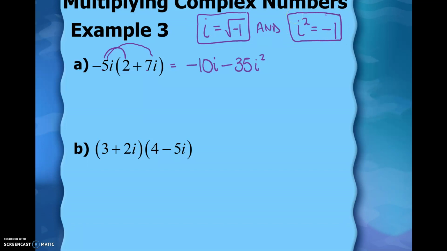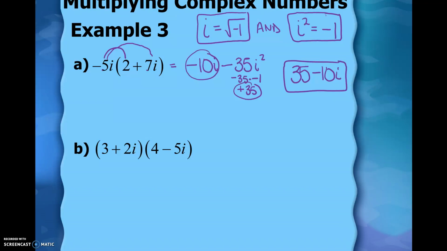Anytime that you see an i squared, this is really -35 times -1. What is -35 times -1? Positive 35. So we have positive 35 and we have -10i. We need to write our answer in standard form. So 35 comes first and then minus 10i.